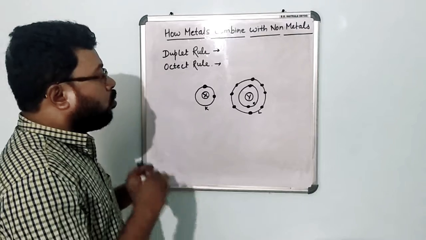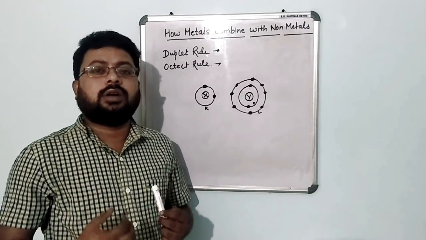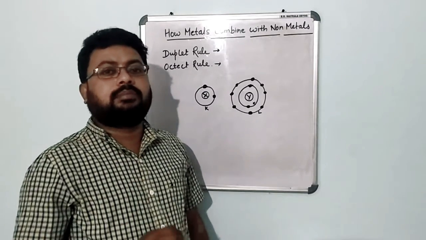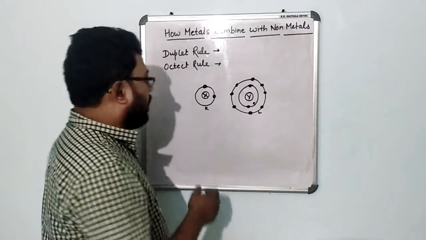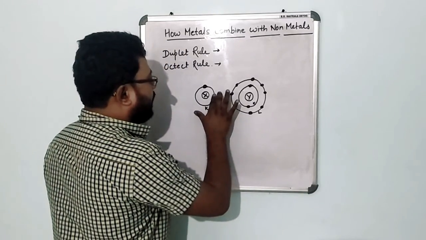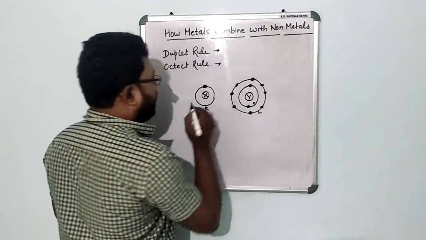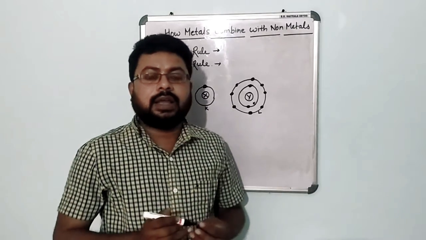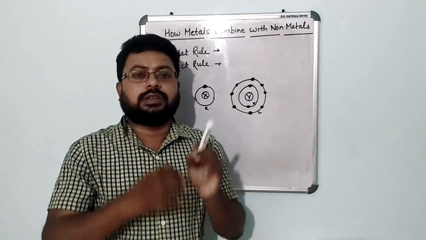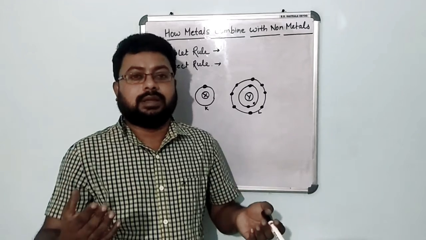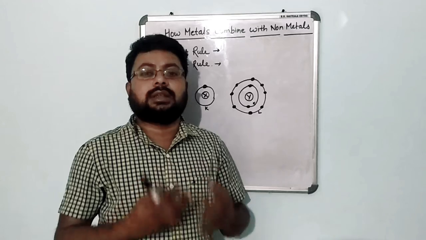Now what happens when an element does not have the required number of electrons in the valence shell to be stable? For example, if this element has got only one electron, then like everything in this entire universe which tries to attain stability, this atom will also try to attain stability.